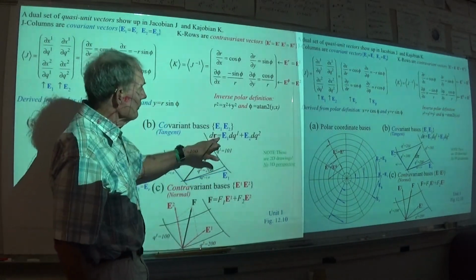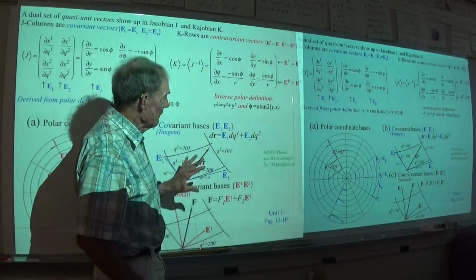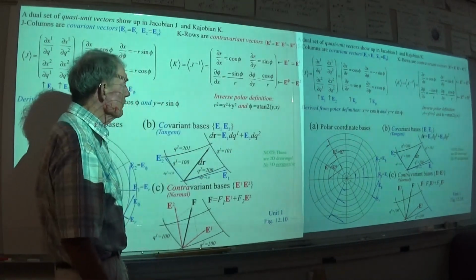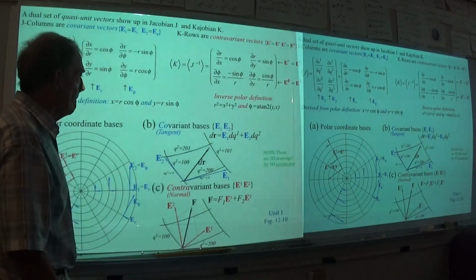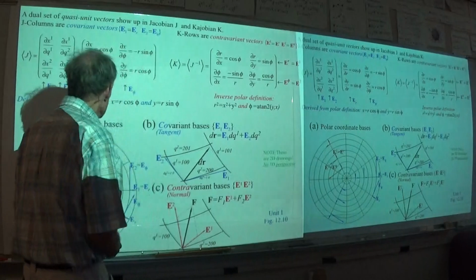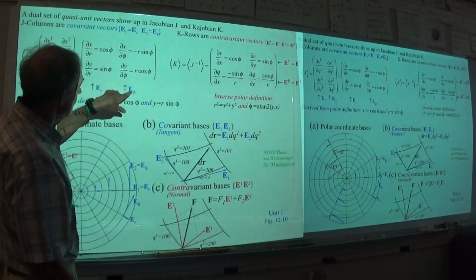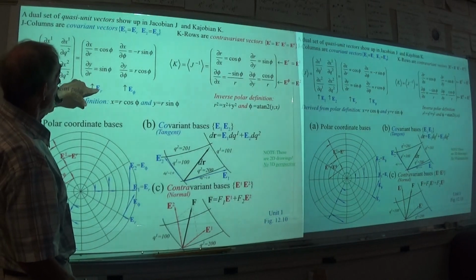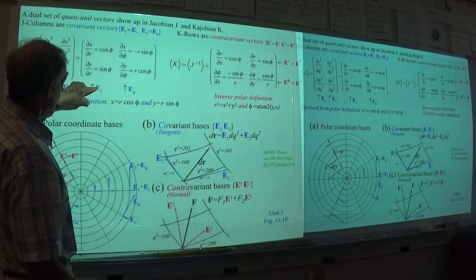But basically all this hand waving is based on this relation, the first differential relationship. E sub 1 and E sub 2, E sub r and E sub phi over here, are each these vectors here.